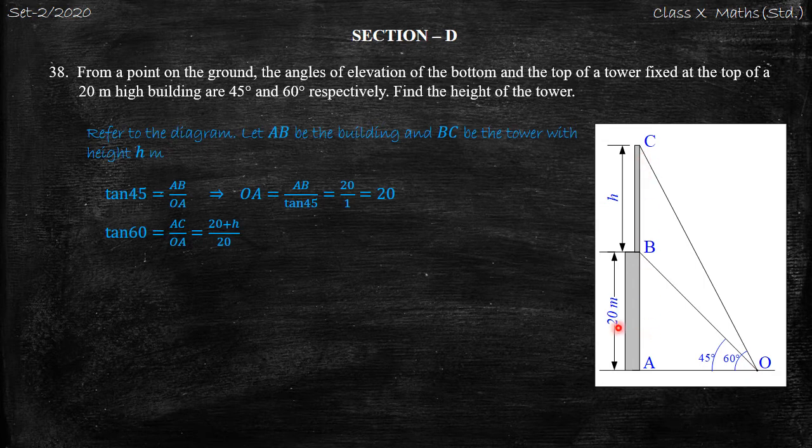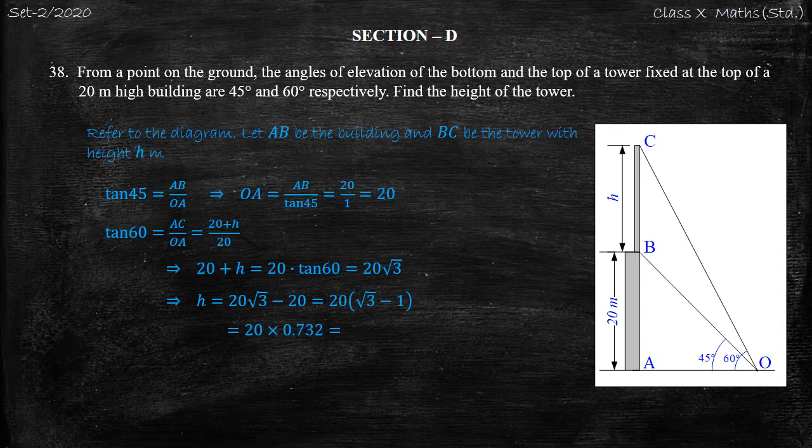Opposite side is 20 plus h, and the adjacent side we already found out, so it is 20. We know tan 60 is root 3, so h you can find. It's 14.64 meter.